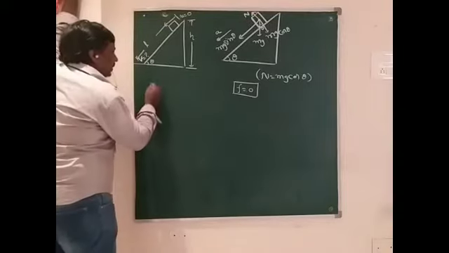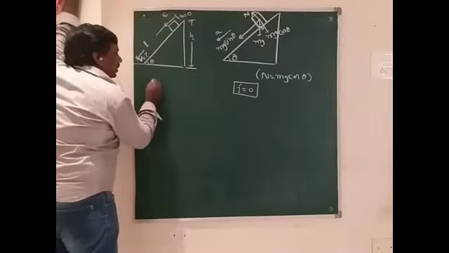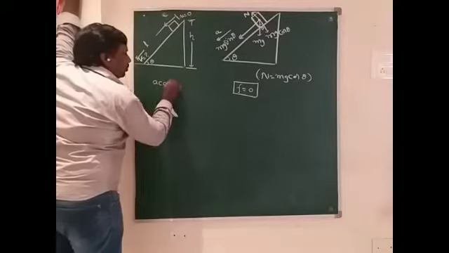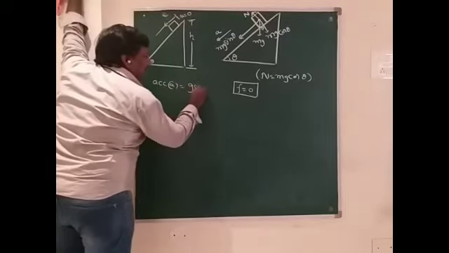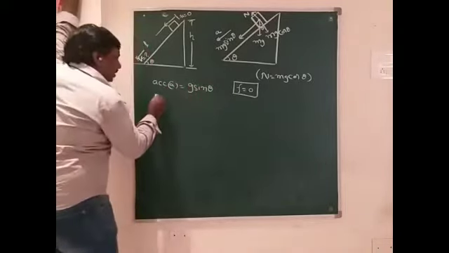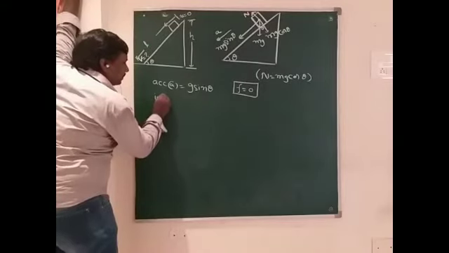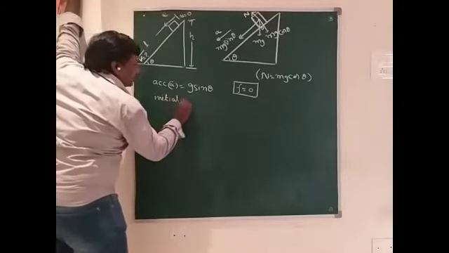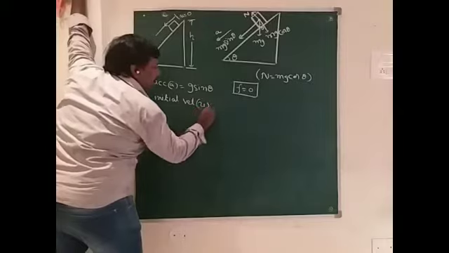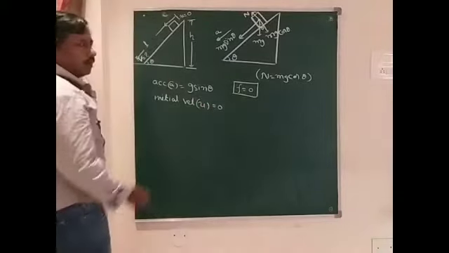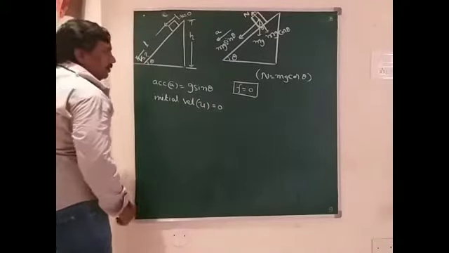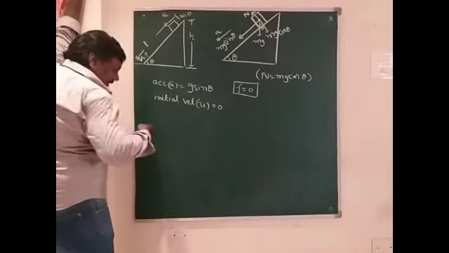So now in this situation, the acceleration of the body equals g sin theta, and the initial velocity u equals 0, because the body is initially in the rest position.